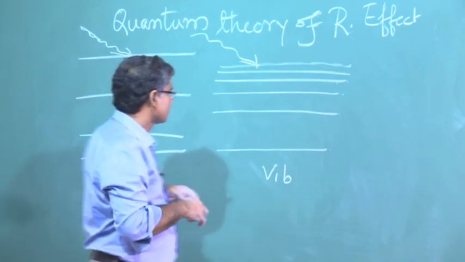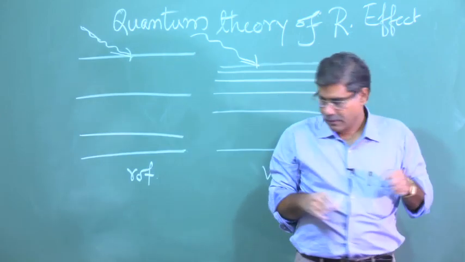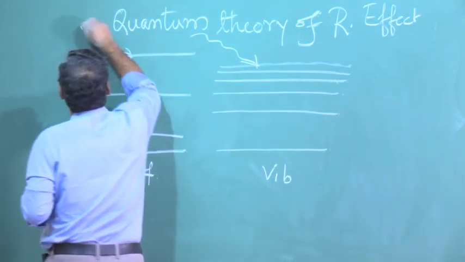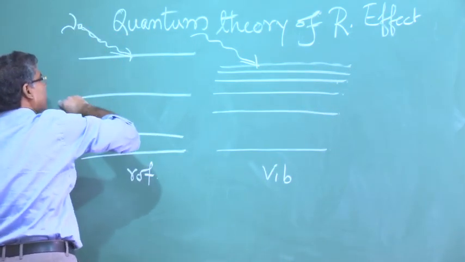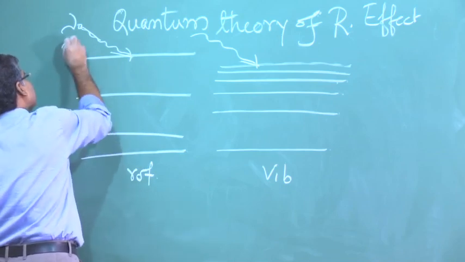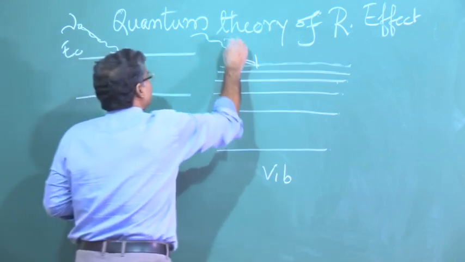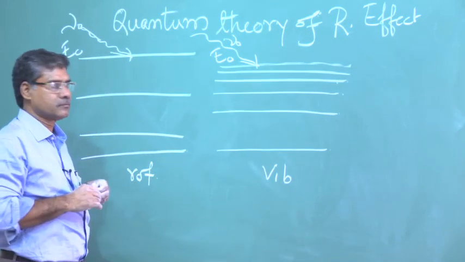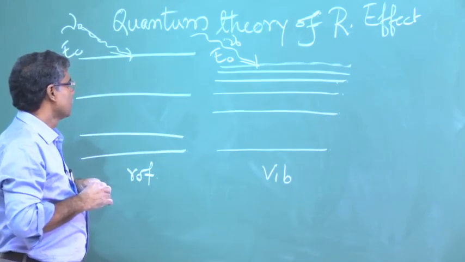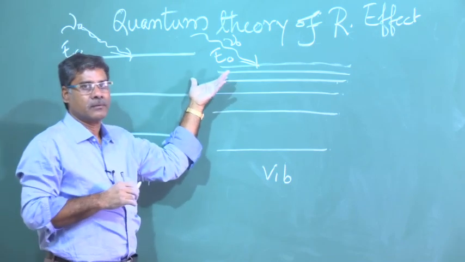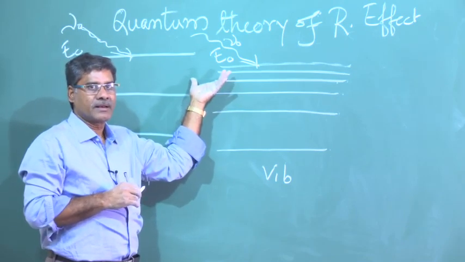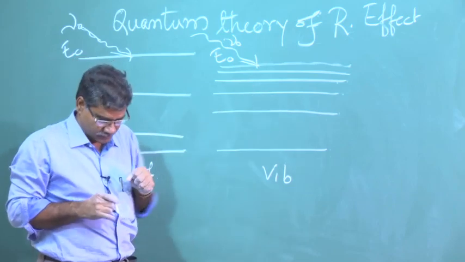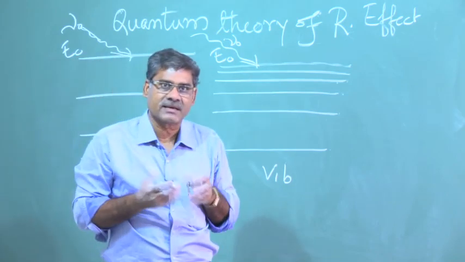Now, this radiation has frequency nu 0, or energy E 0. So, when radiation falls on it, what is radiation?